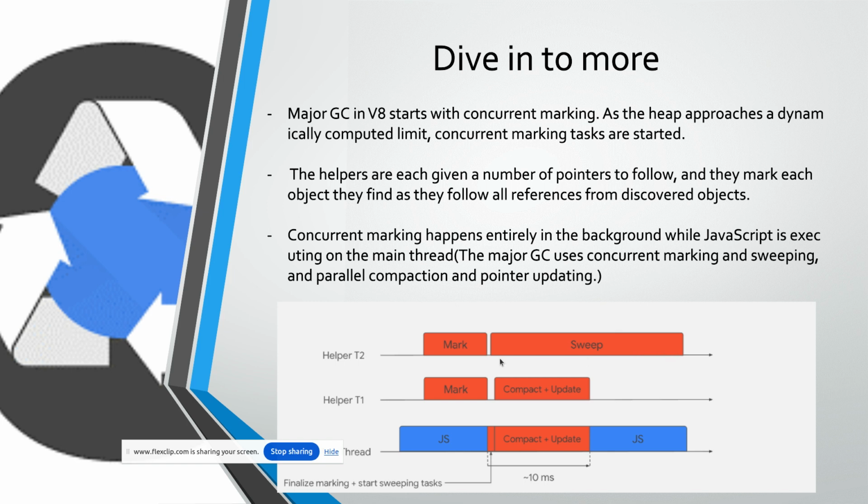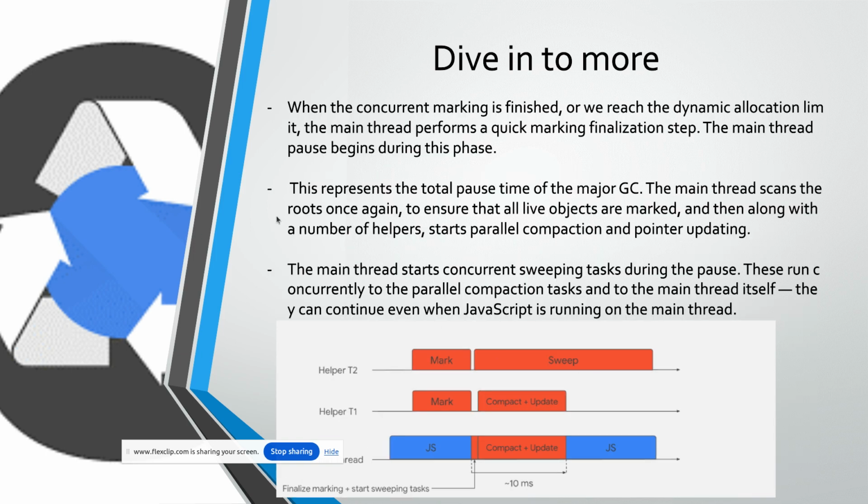Concurrent marking happens entirely in the background, while JavaScript executes on the main thread. There are helper threads for sweeping, and major GC uses concurrent marking and sweeping, and parallel compaction and pointer update. When concurrent marking finishes, we reach the dynamic allocation limit, and the main thread performs the marking finalization step.